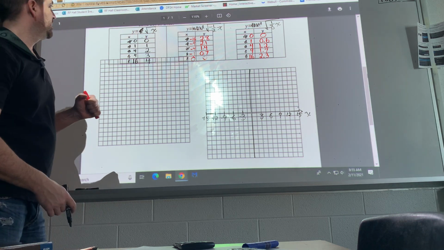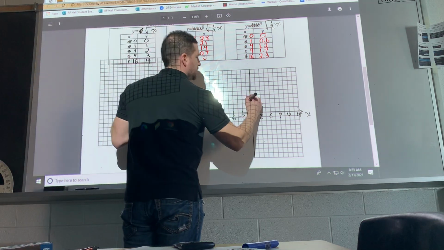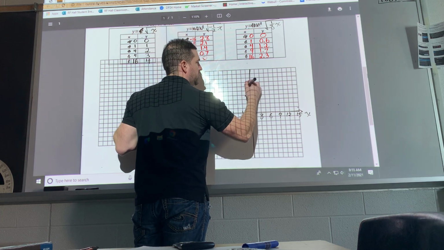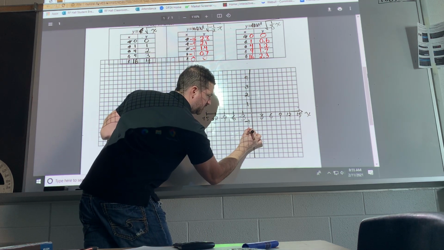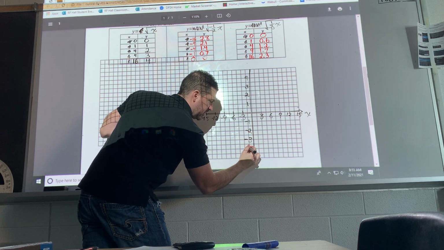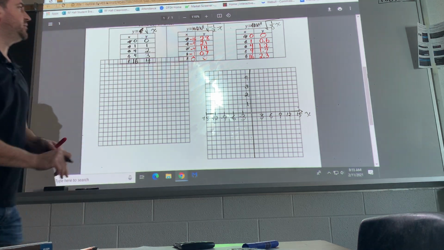And then my y-axis, I only go up to +4. So let's go 1, 2, 3, 4. Actually, I don't have any negative values, so I don't need any negatives.